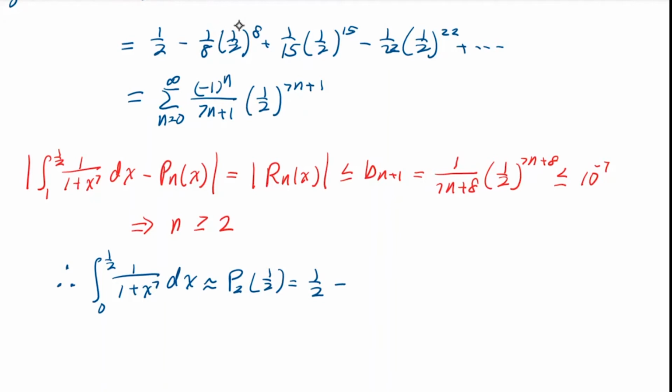It's easier to just look at this term up there instead of sigma: 1/8 times 1/2 to the 8th power, and the next term plus 1/15 times 1/2 to the 15th power, and that's it. And if you punch the calculator, somebody verify this, but what I had last year was this. Did I get that right?